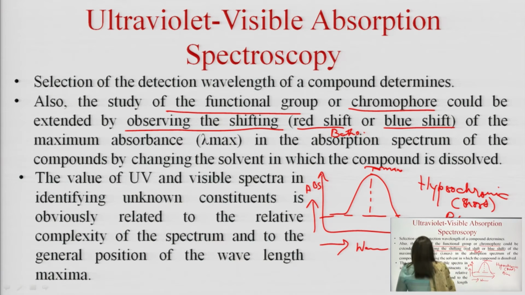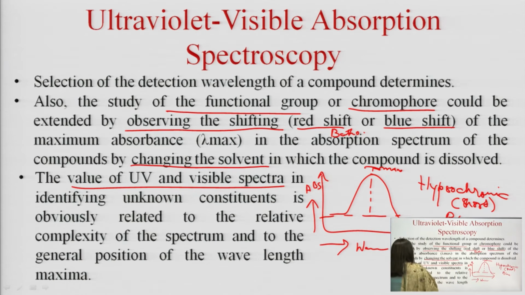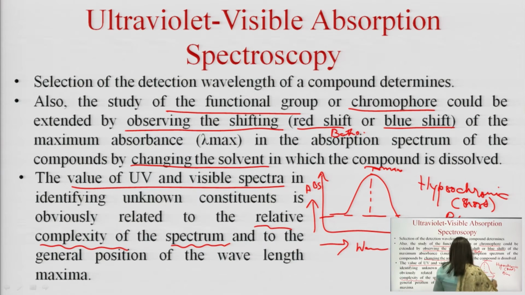Okay. So, compounds' absorption spectra can change with the change in the solvent in which the compound was dissolved. The value of UV and visible spectra in identifying unknown constituents is obviously related to the relative complexity of the spectrum and to the general position of the wavelength lambda max maxima.